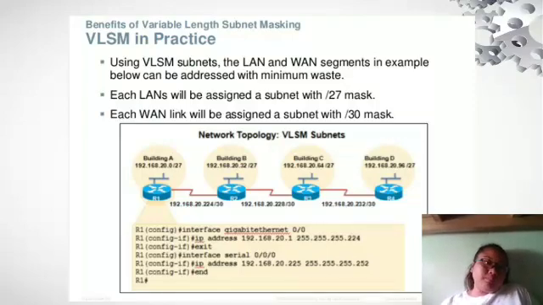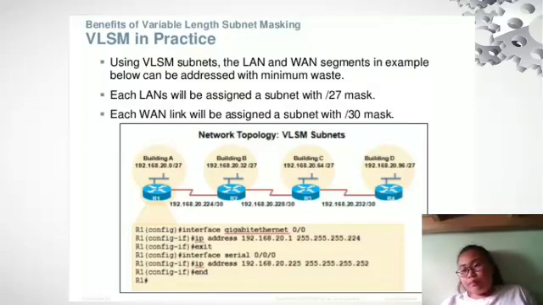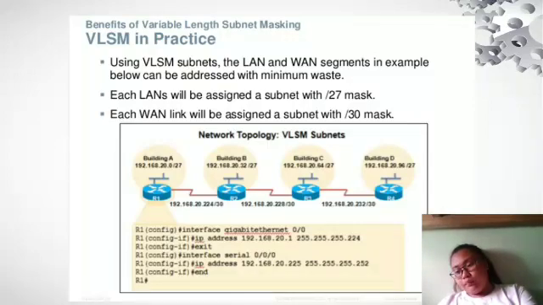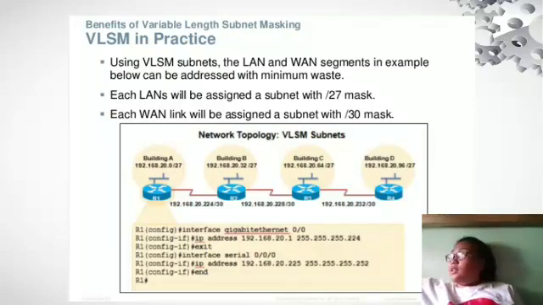In the example below, we address with the minimum waste. Each LAN will be assigned a subnet with a /27 mask. Each WAN link will be assigned a subnet with a /30 mask.